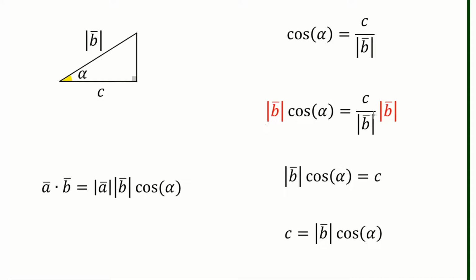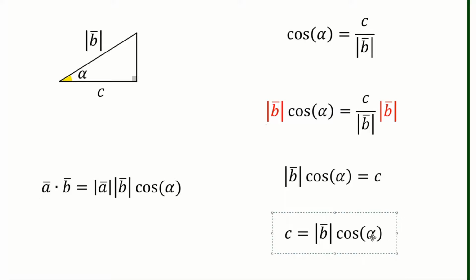Since by multiplying both sides we have dividing and multiplying, which are the same multiplier and divider, they cancel each other out. So we are left with this, and if we just switch the sides, we are left with this. Now this was the dot product, what we first started to figure out what is it doing.